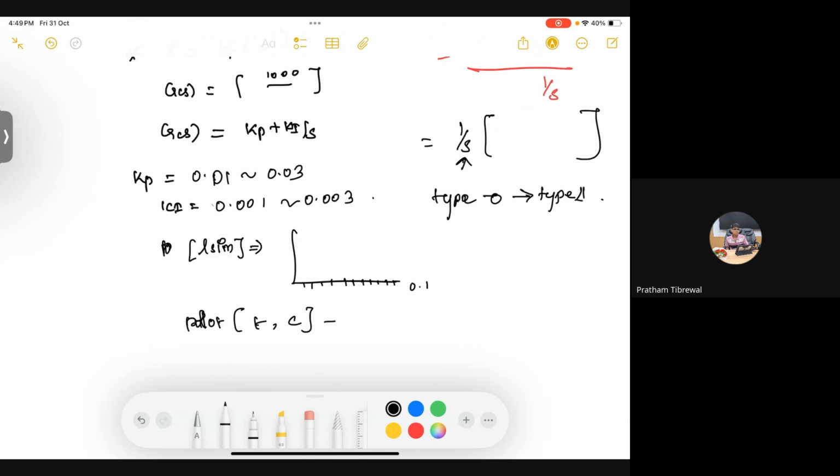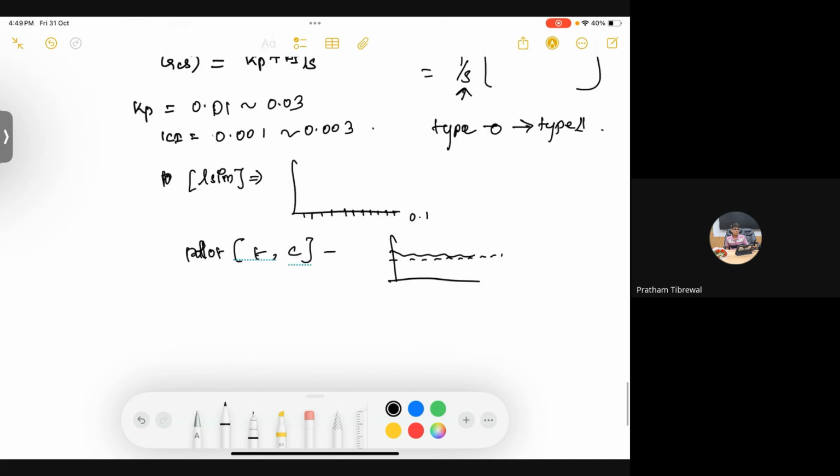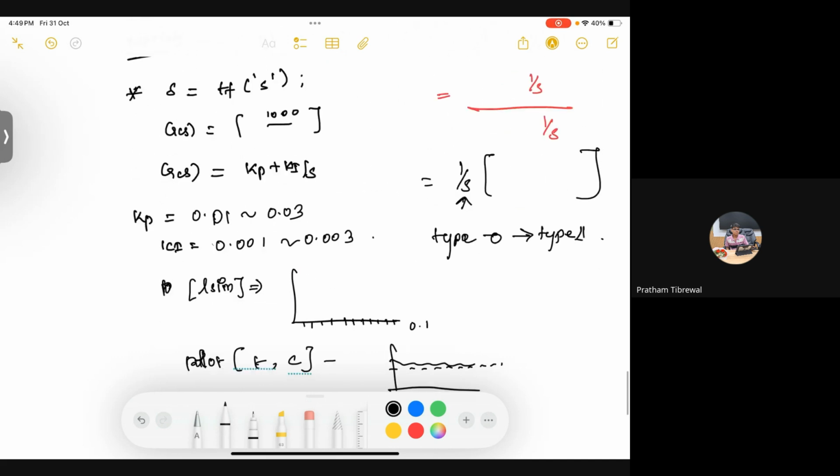You plot this and see how well the steady state error is getting closer to the reference point. First just keep only the Kp, then try with both Kp and Ki, and you might see the difference between these two.